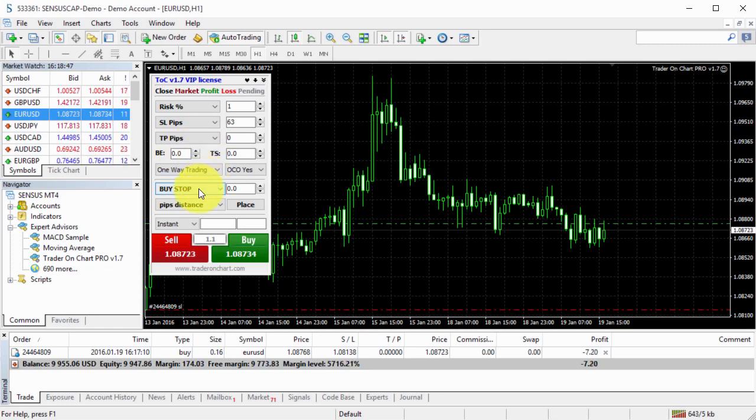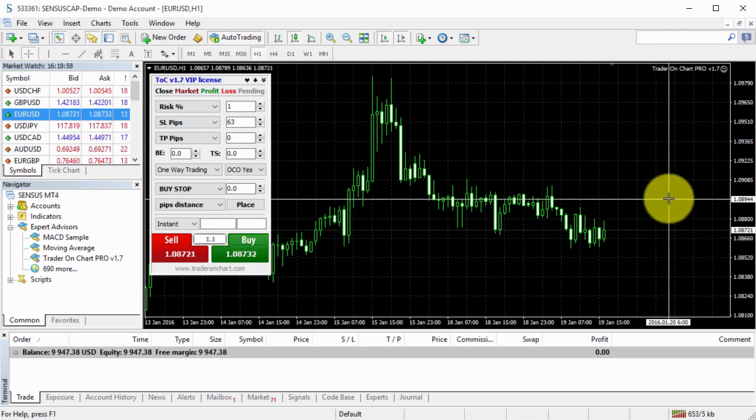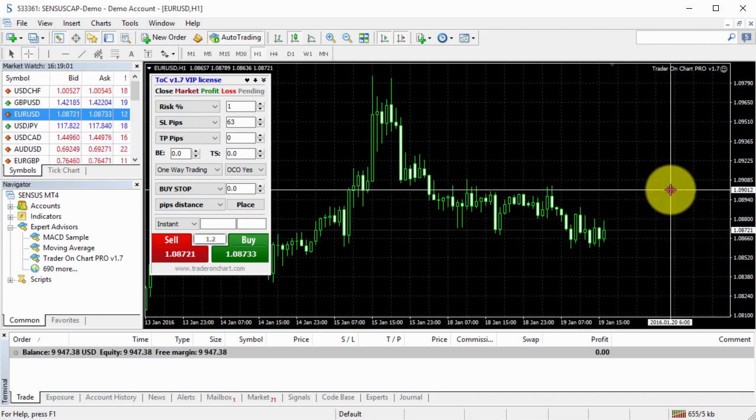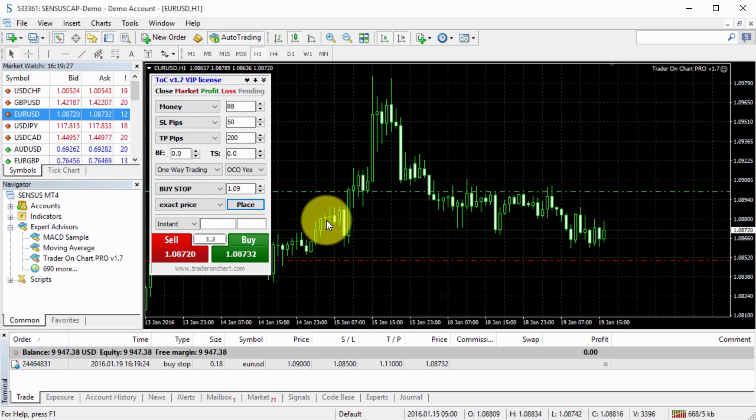Now let's take a look at the pending orders. Let me just close this market trade right now, and I want to place a buy stop, let's say somewhere around this point right here. So yeah, 1.09. It will be a buy stop at the exact price, and I want a stop loss of 50 and a take profit of, say, 200, and I also want to risk, I don't know, $88, and I click place, and it will place my pending order.